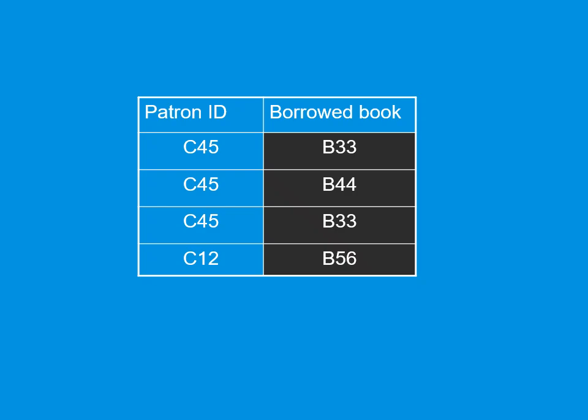There should not be multiple values in any cell, so all the values should be atomic values. It means each should contain only a single value. That's why the patron ID C45 has B33, B44 and B55 in different rows.